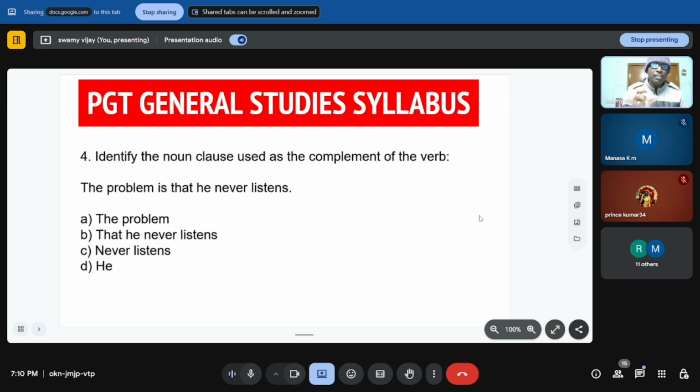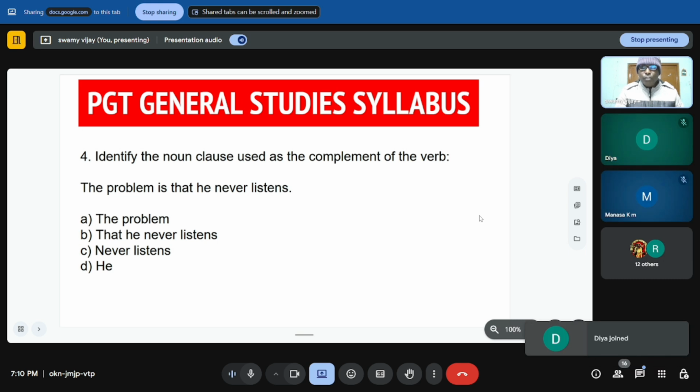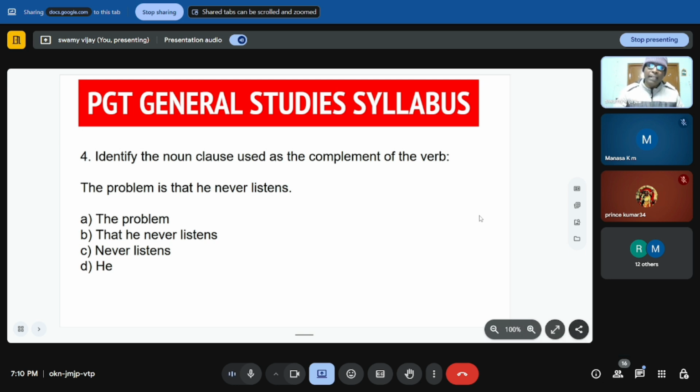And it is used as a complement of the verb, that is also understood. But actually, what is the verb in this sentence? The verb is "is," and "that he never listens" is the noun clause which acts as a complement to the verb "is" in this sentence. Maybe the second question is very simple, but you might have got confused. Otherwise, the answer is very easy.